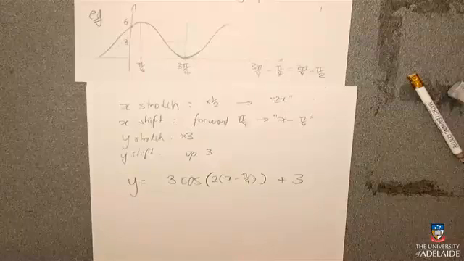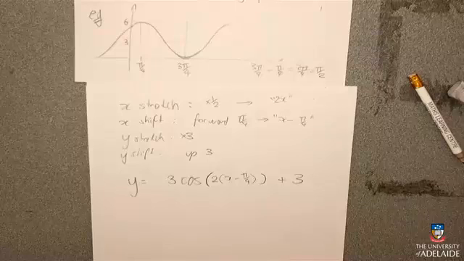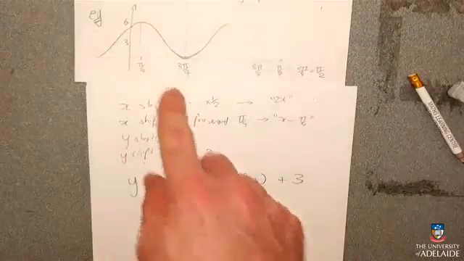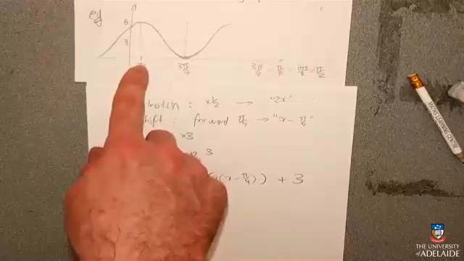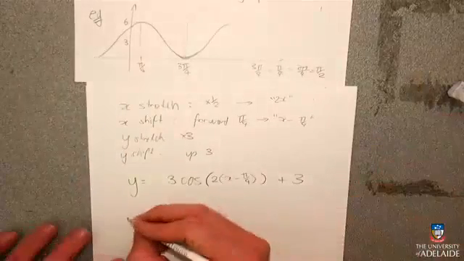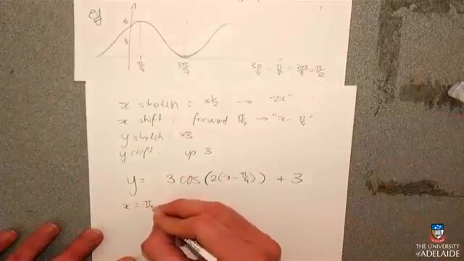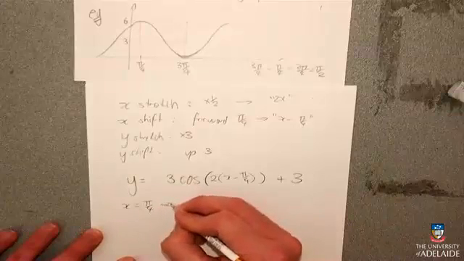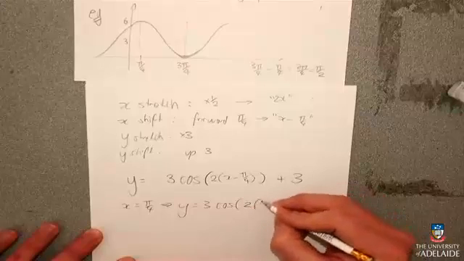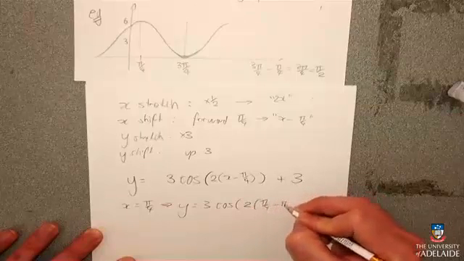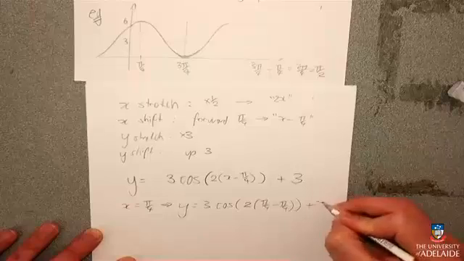And we can always be certain that we've done it the correct way around by checking to see if this formula matches our graph. This should produce the answer 6 when x is pi on 4, according to this graph. Three cos 2 lots of pi on 4 minus pi on 4 plus 3.